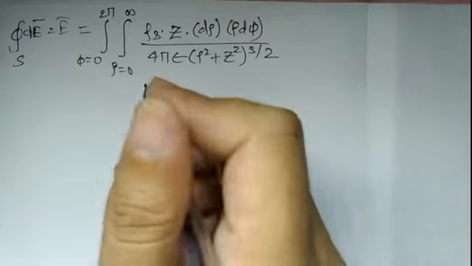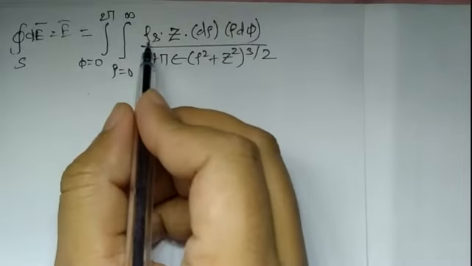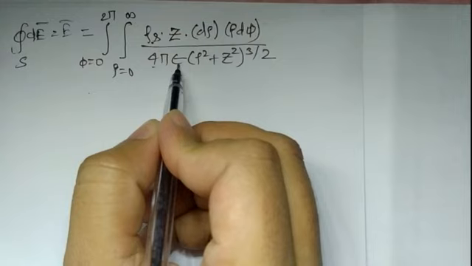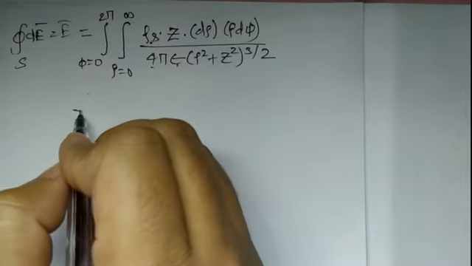So now we have to calculate this. ρs upon 4π epsilon is constant, so I am taking it outside.